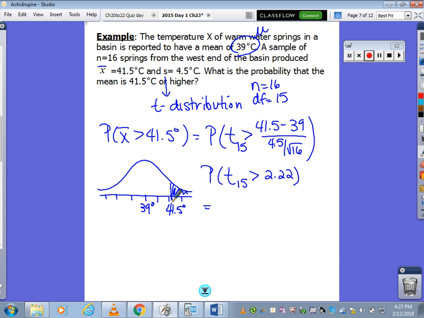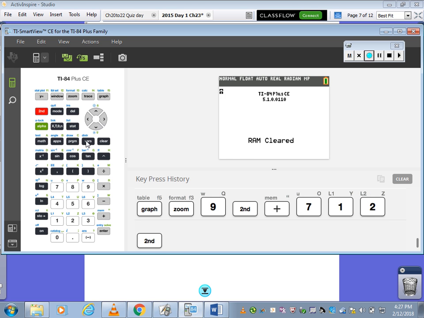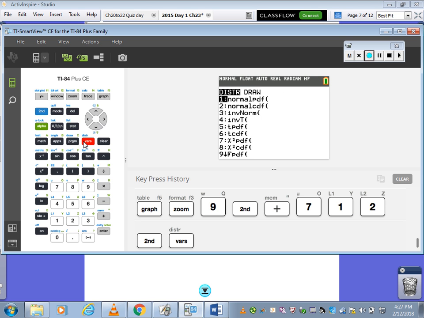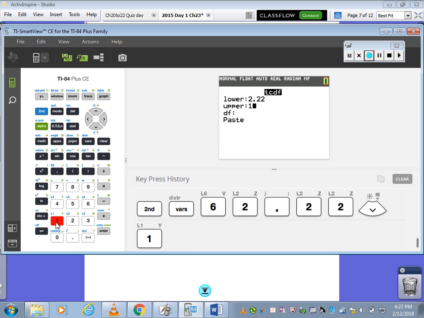All right, so let's go to our calculator. We're in distributions, second distribution, and we want number 6, t-CDF, and look at the parameters that it needs. It says lower bound, which is going to be our test statistic at 2.22. Upper bound is some big number. Now notice we don't have mean and standard deviation anymore.